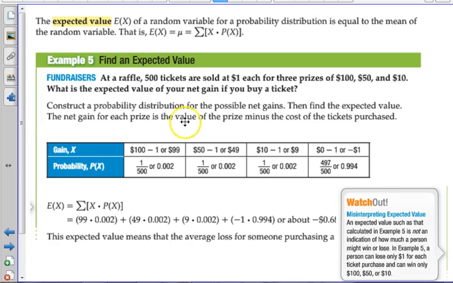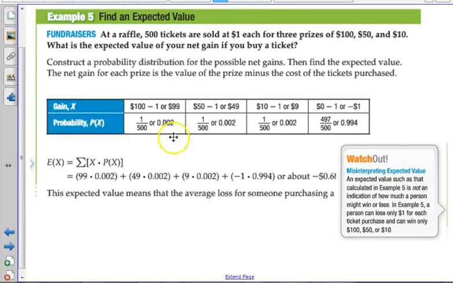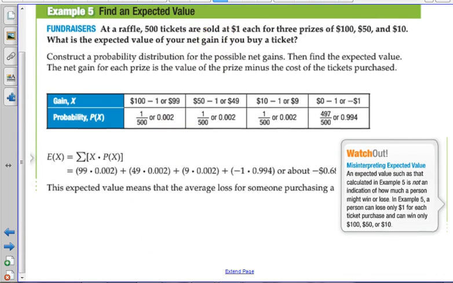Okay. So expected value is the $99 will be won by 1 out of the 500 people. That's where that came from. And then $49 will be won by 1 out of the 500 people. $9 will be won by 1 out of the 500 people.